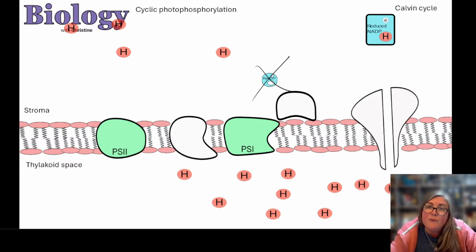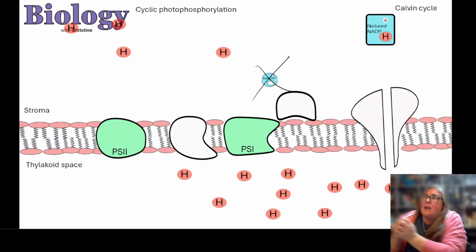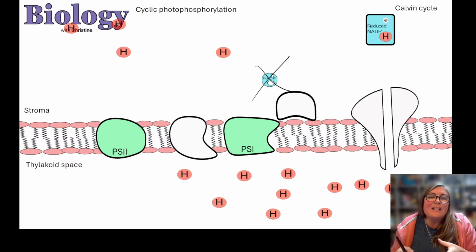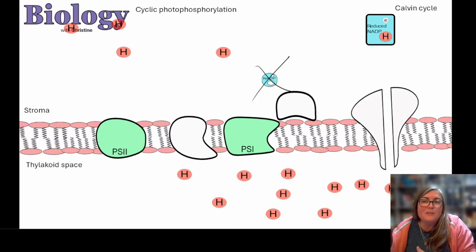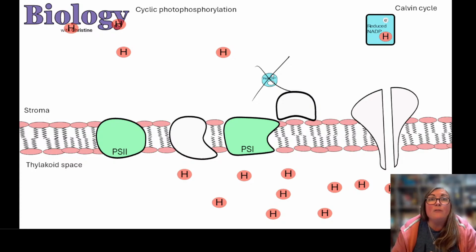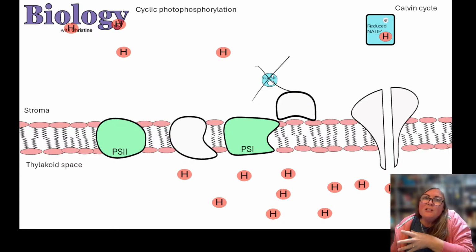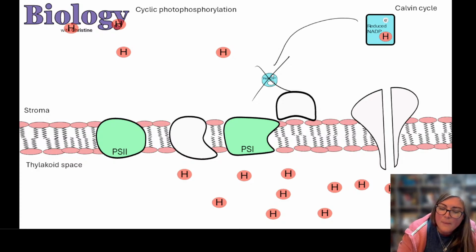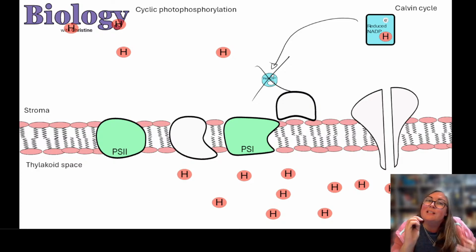Remember I said before that the NADP is a bit like a taxi. It picks up its passengers and off it goes and drops them off. Well, if you have a taxi that's not able to drop off its passengers, i.e. my reduced NADP is still up there, it cannot come back to pick up more passengers. So there is a delay.